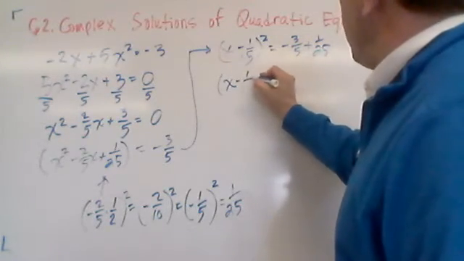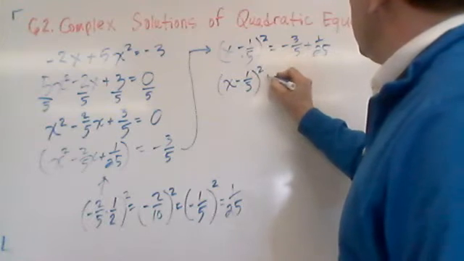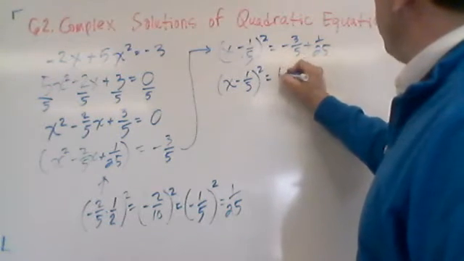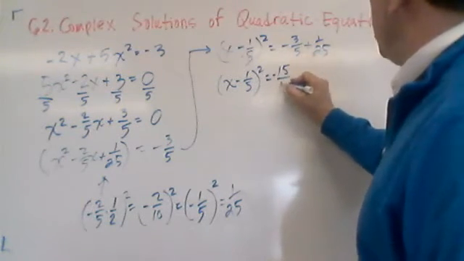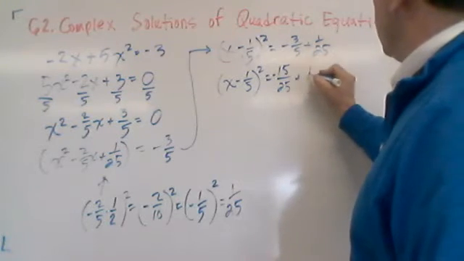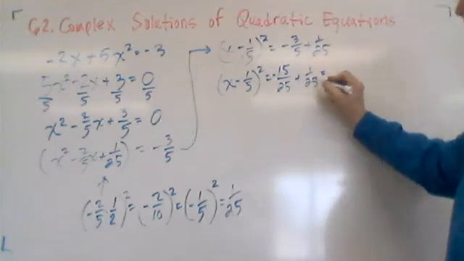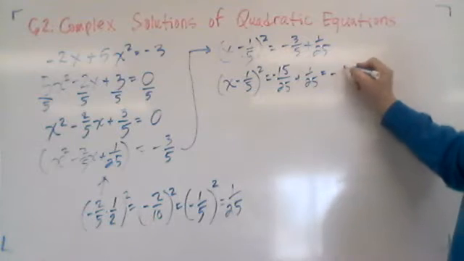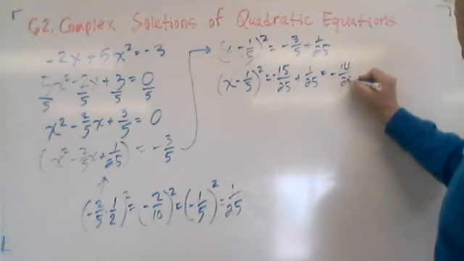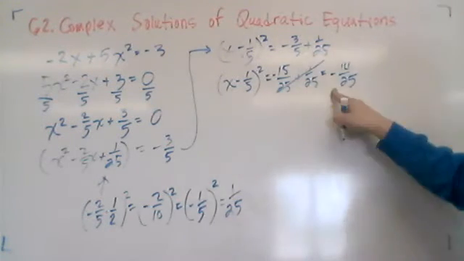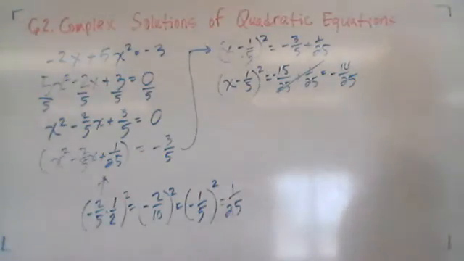Let's go ahead and combine those fractions. In this step, we get minus 15/25 plus 1/25. That combines into minus 14/25. We're going to use that instead of the expression.